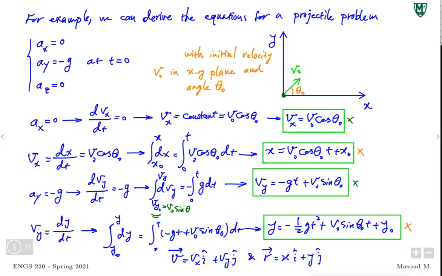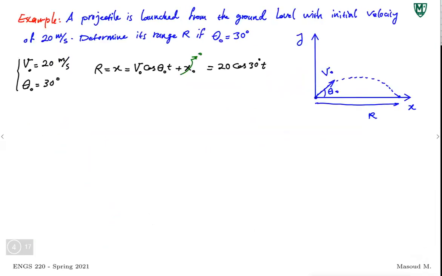So this is what I'm trying to say. If I use y equals minus 1 over 2 g t squared plus v naught sine theta naught t plus y naught, now the motion starts from the ground and ends on the ground.